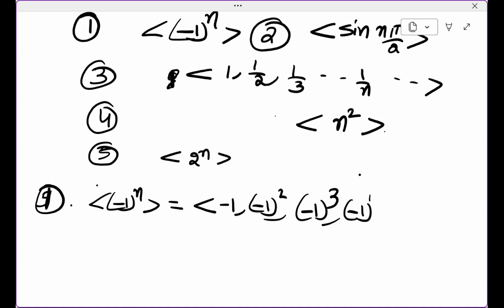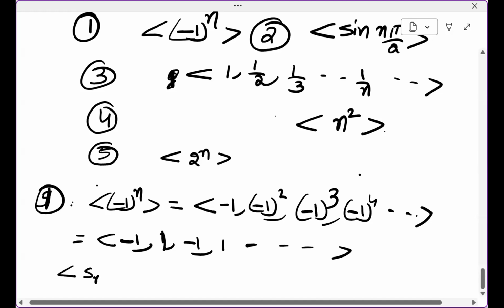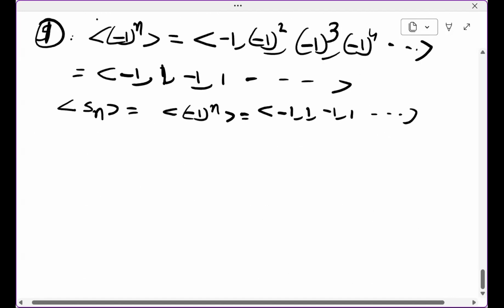So this is nothing but -1, 1, -1, 1, and so on. So what are the different values the sequence is taking? The sequence S_n, or X_n, (-1)^n is nothing but -1, 1, -1, 1, and so on. So here what we observe is, what is the range of this?